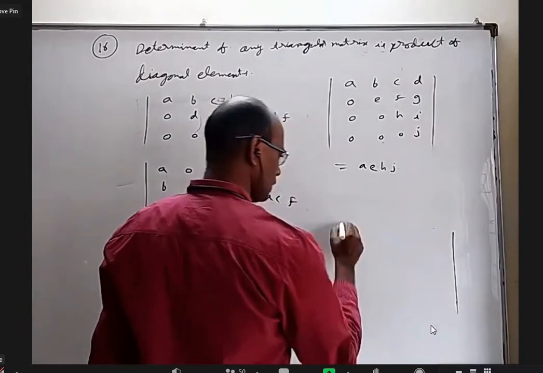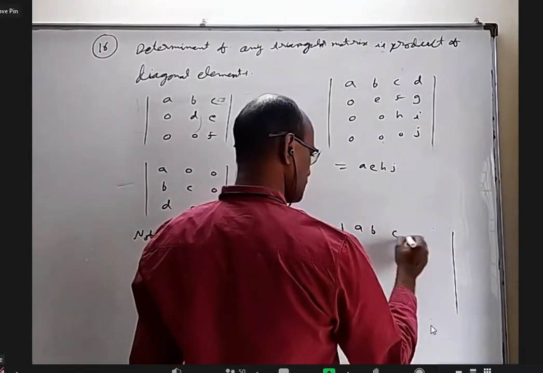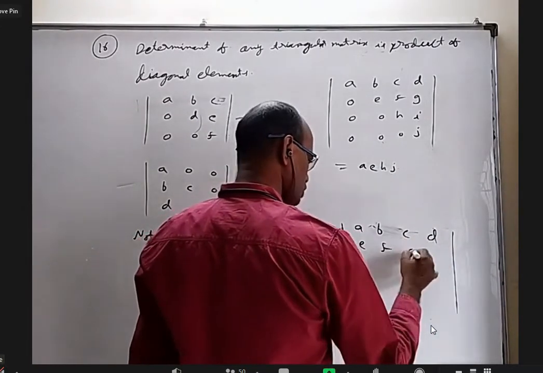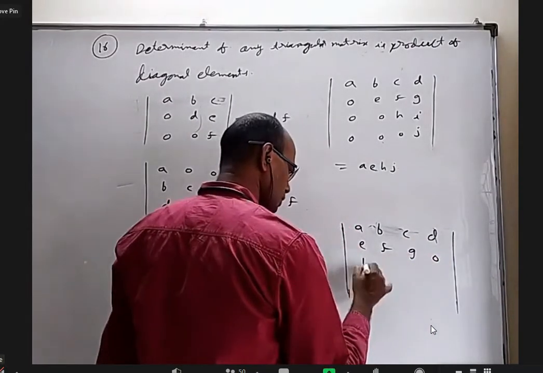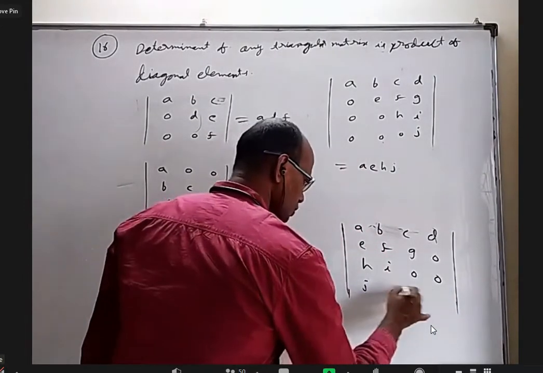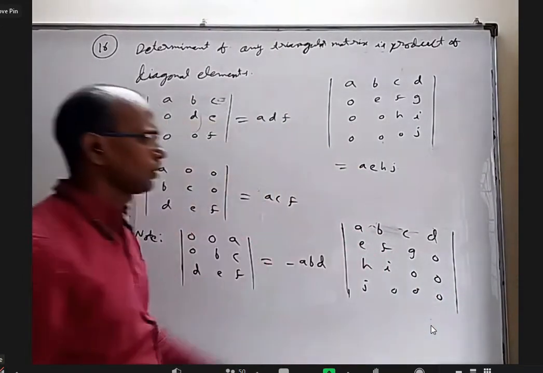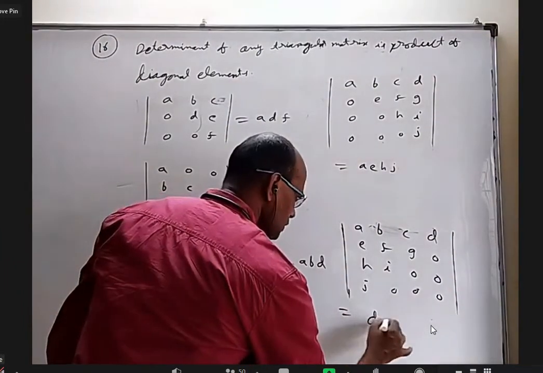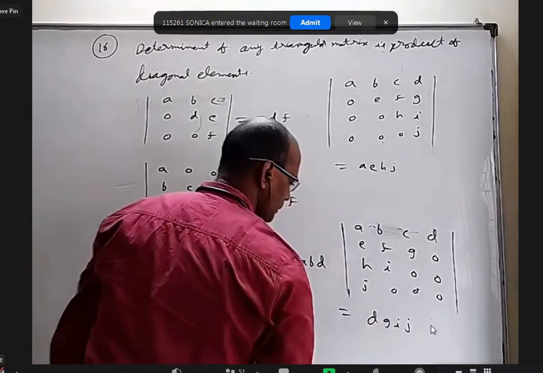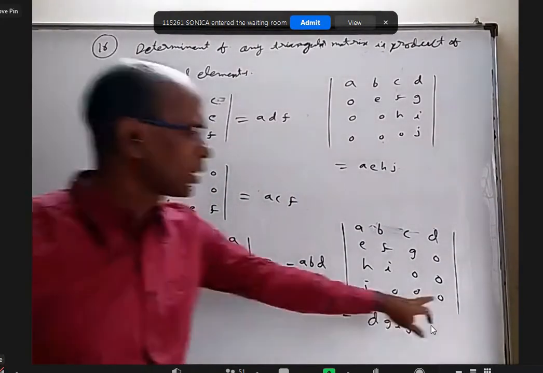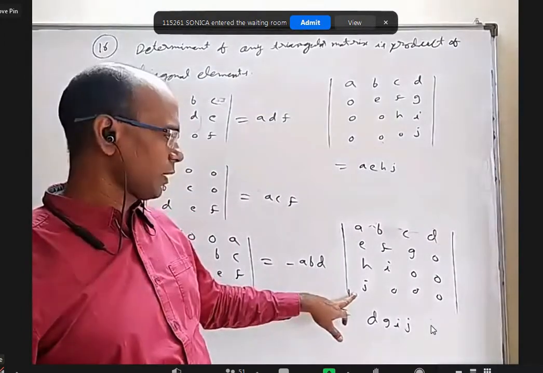But if it is 4 by 4, I think we'll get positive. Let us say I have A, B, C, D, E, F, G, 0, H, I, 0, 0, J, 0, 0, 0. I think it is the diagonal elements straight away as D, G, I, J. Because I can use the fourth row and expand this.